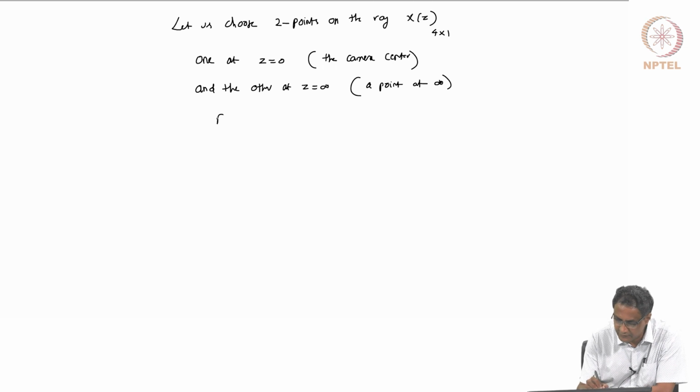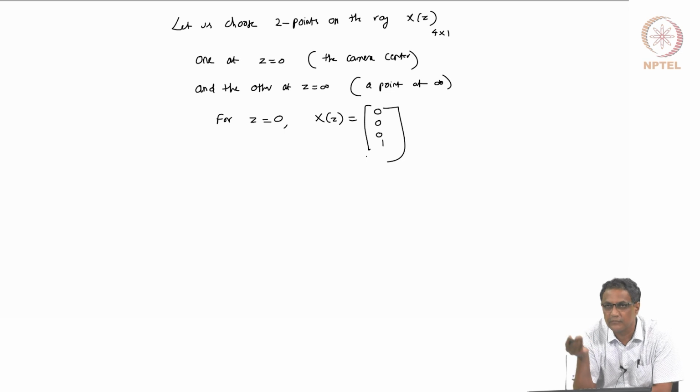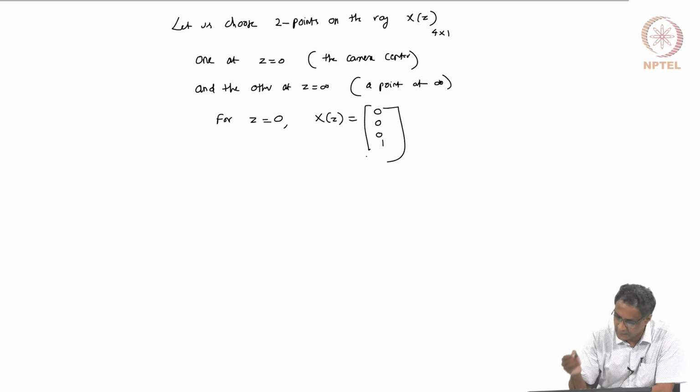For z equal to 0, your x of z will look like 0 0 0 1, because your point is bang at the camera center.